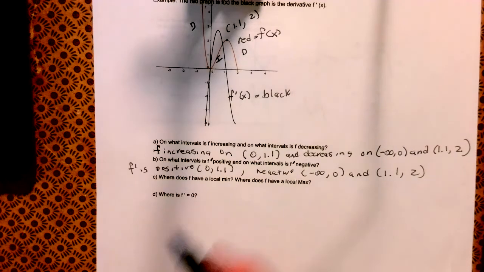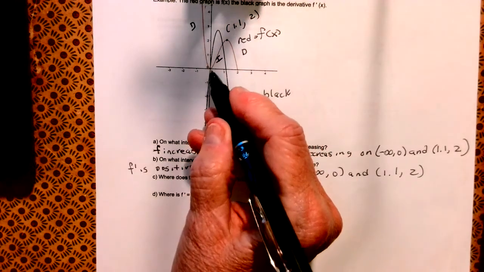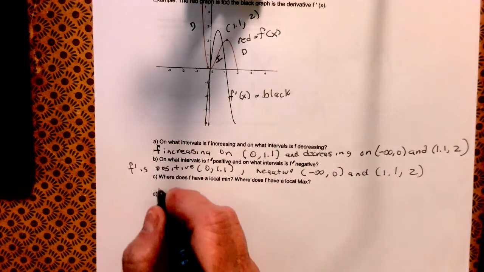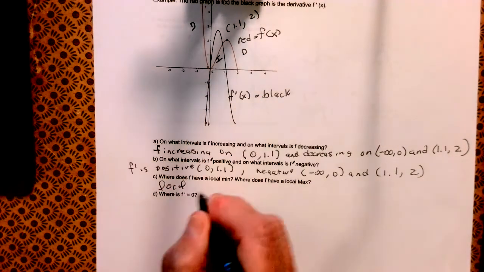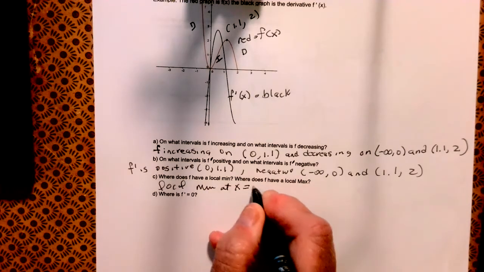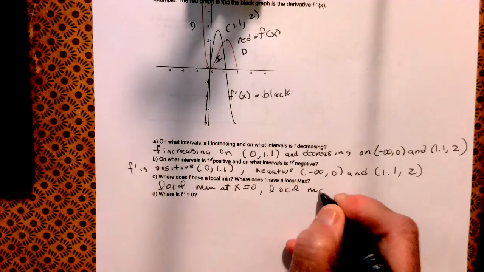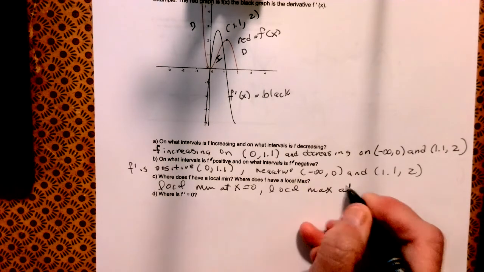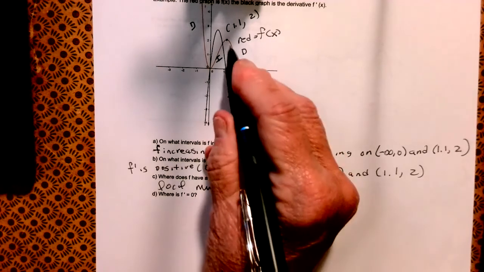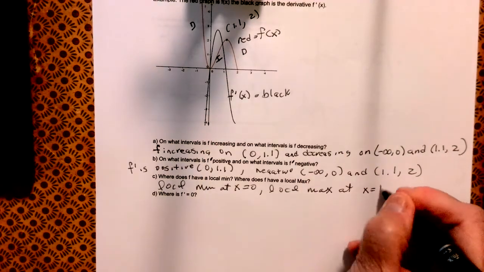Now, where does f have a local min? So we look at the red graph and we notice that it has a local min right here. So there's a local min at x equals 0, and there's a local max at x equals 1.1.